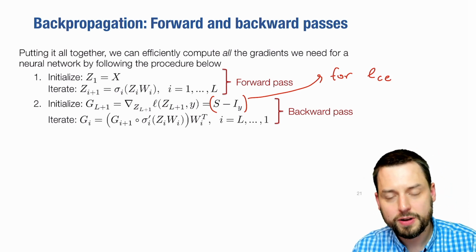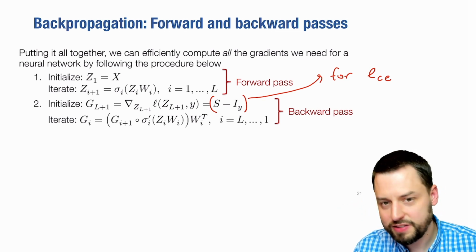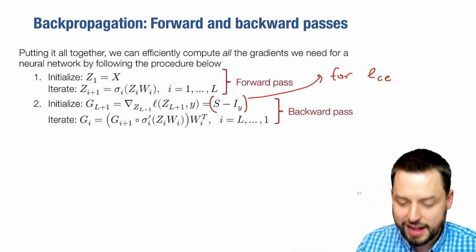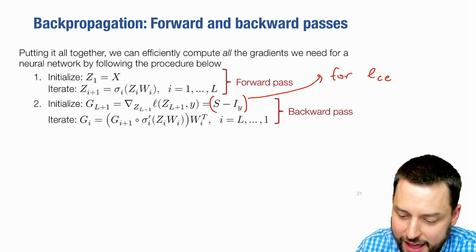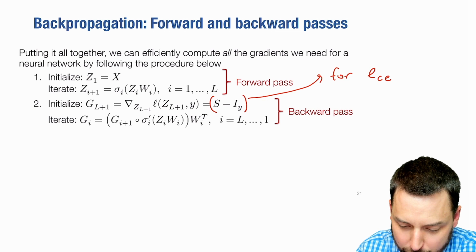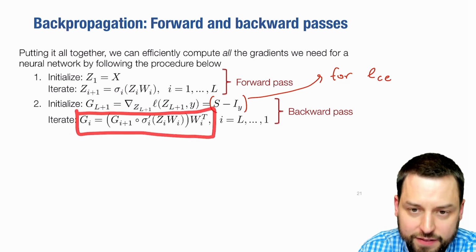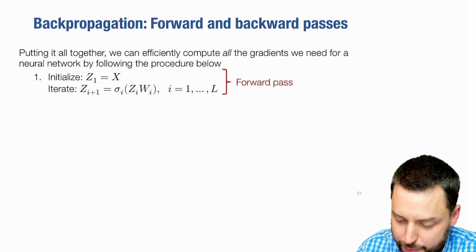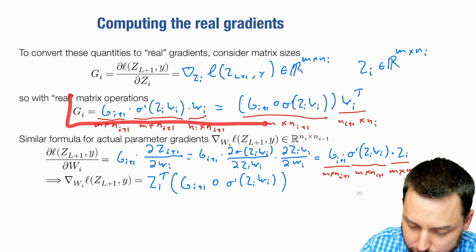So you take the output, form the softmax, that becomes S, and subtract off the one hot encoding. That's the first term, gi, or g L plus 1. And then you perform the backward updates on the gi's as we exactly derived in the previous slide. That is just this update here.